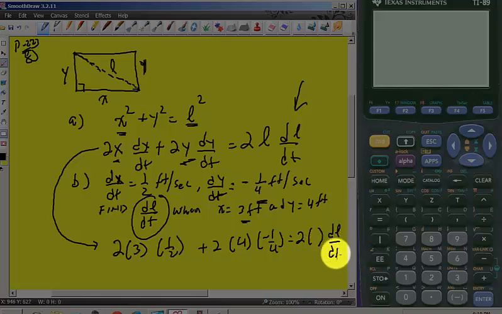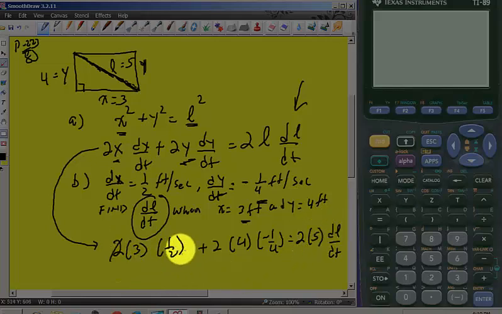Alright, I don't know what L is, so when x is equal to 3 and y is equal to 4, I do know what L is. They don't give it to us, but we know it's a 3, 4, 5 right triangle, so L has got to be 5. So I'm going to put in 5 right there.